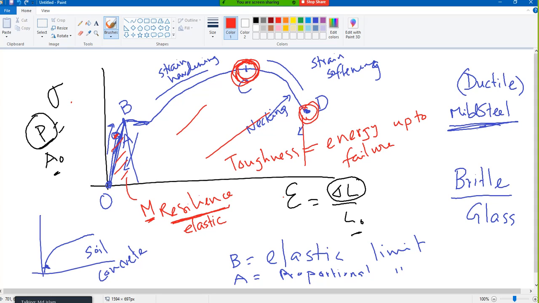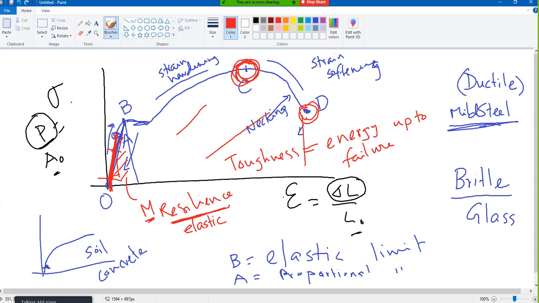Now I forgot one thing. What is modulus of elasticity? It is the slope at the linear portion, or the initial portion. If this portion is linear, the slope here and here will both be the same. So sometimes we say the initial slope is called modulus of elasticity, or the slope until the proportional limit.